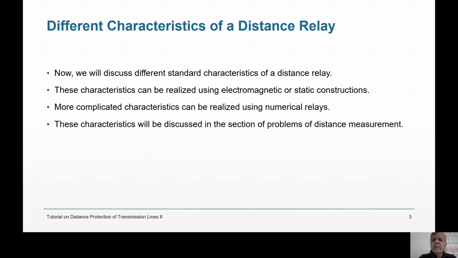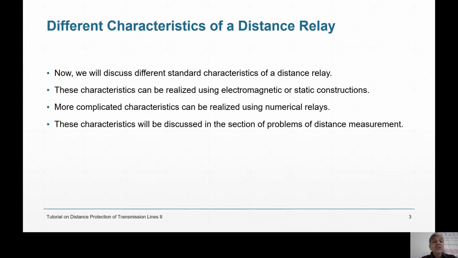These characteristics can well be realized by electromagnetic and static constructions. So they have been used since 1800 and something, I don't know. There are more complicated characteristics which cannot be realized by these relays, and we have to use numerical relays. We will not discuss them much, but we will touch them while we are talking about the problems of distance measurement.